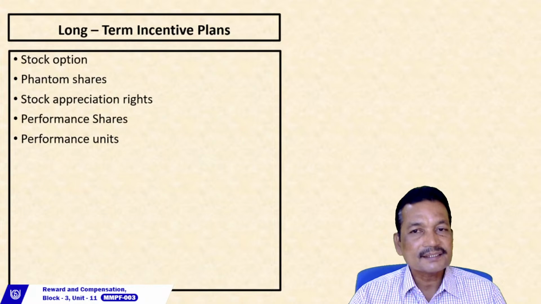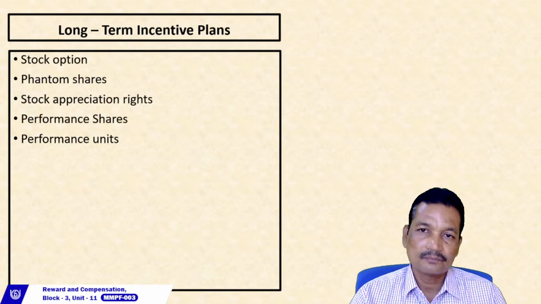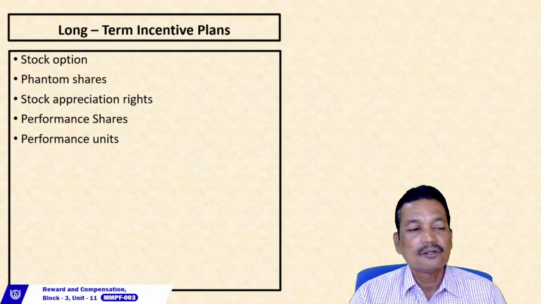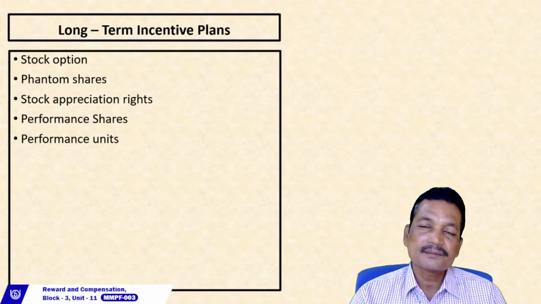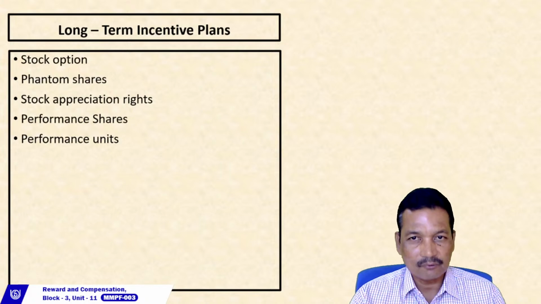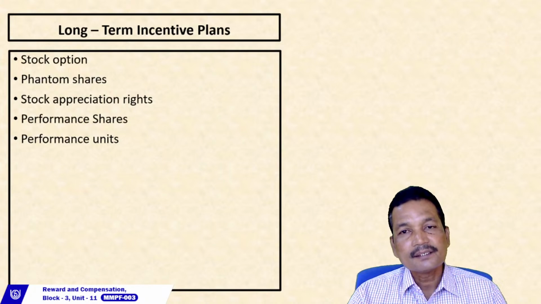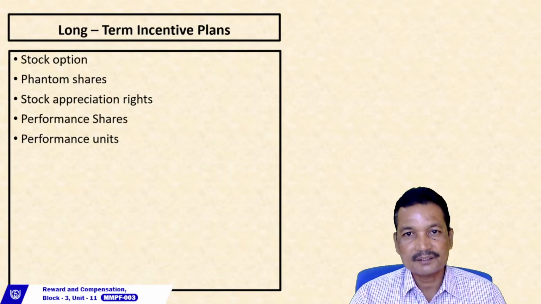Similarly, this can also be done on the basis of units of output. Suppose the company has set a target for the number of units to be produced in a given year, but the employees produce more than that. That means their productivity is higher, their performance is better. They will be getting incentives for their performance.